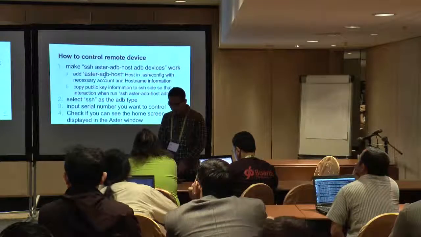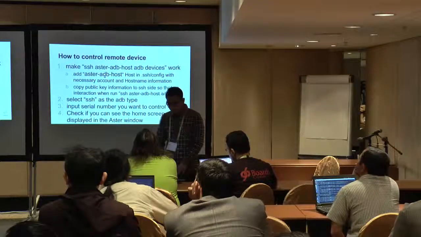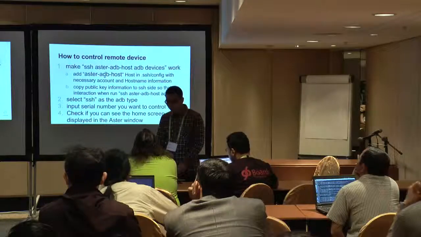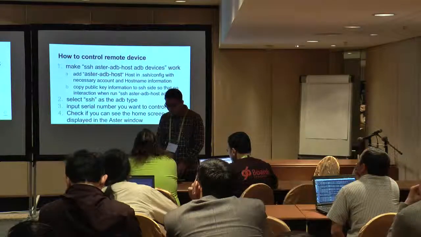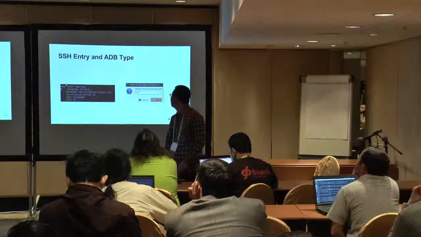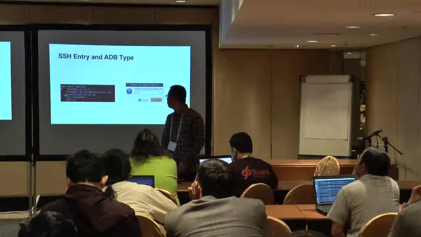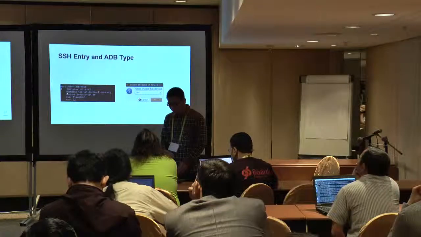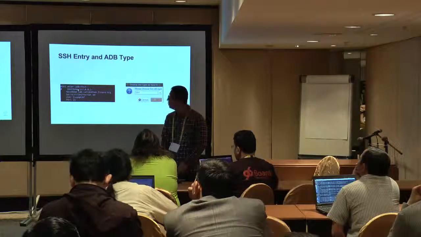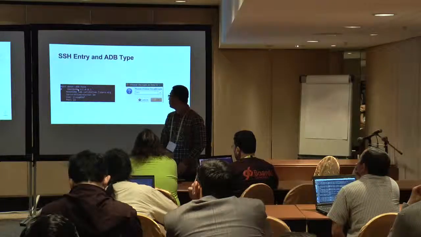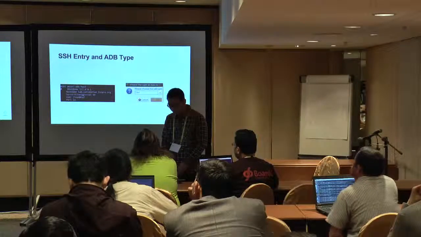Second, we need to copy the public key of our host to the SSH side. This is the entry I added in my .ssh config file. I use this Aster ADB host to access the Lava Lab.